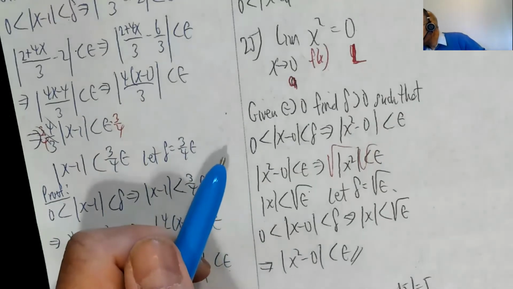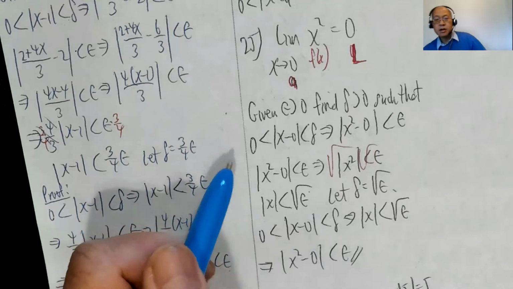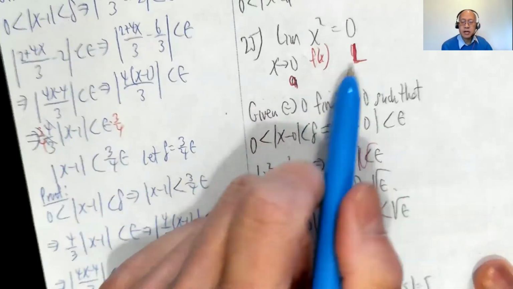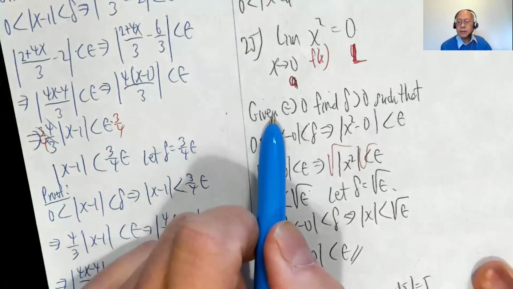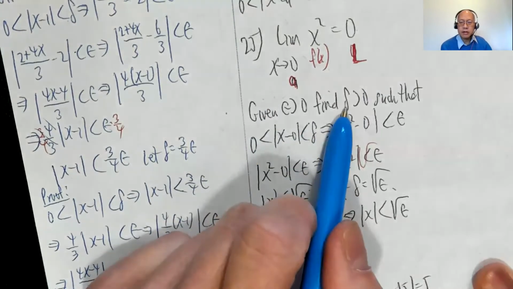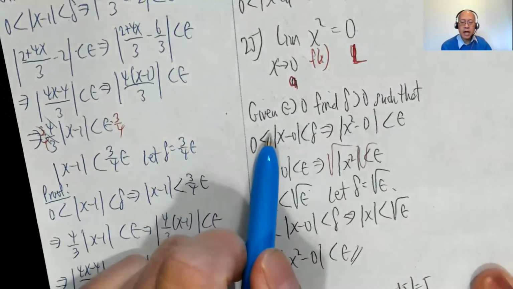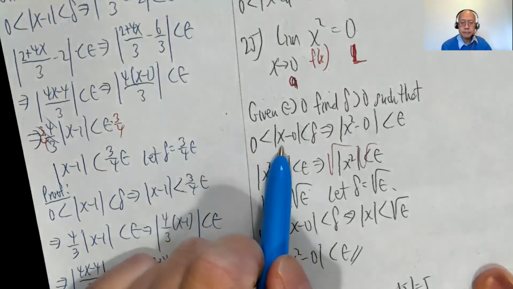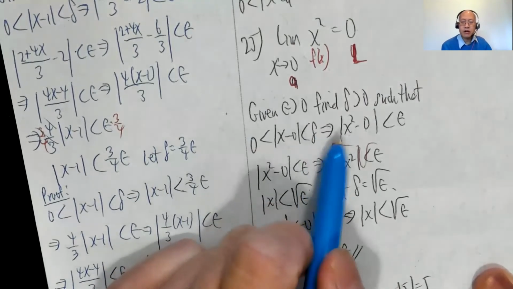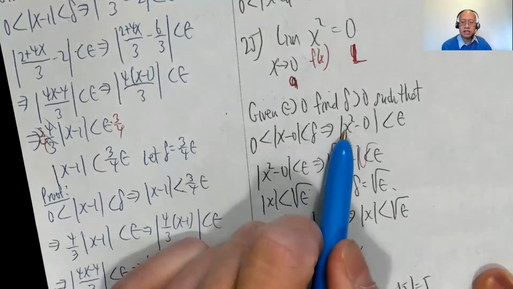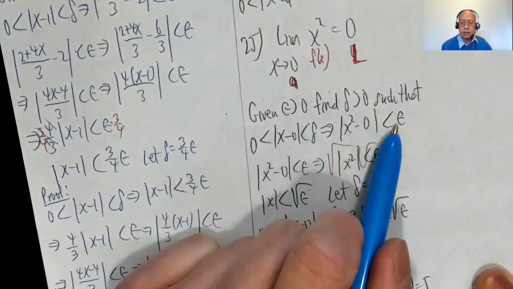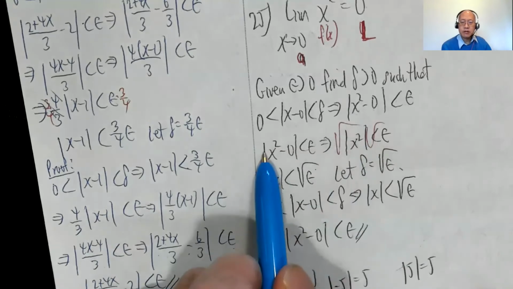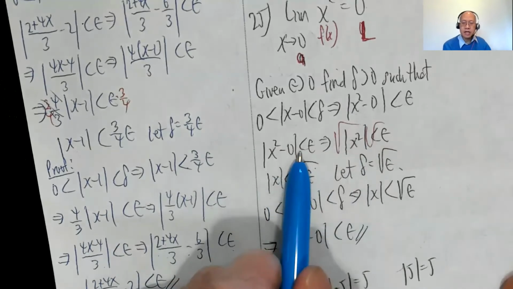Okay, and then 25 is what I wanted to show you. Limit as x approaches 0 of x squared equals 0. Here's my f of x, here's my L. So given epsilon greater than 0, find delta greater than 0 such that 0 less than the absolute value of x minus a, that's x minus 0, I like x minus 0, that's just x, implies the absolute value of f of x minus L, that's the absolute value of x squared minus 0, is less than epsilon. Okay, so scratch paper: the absolute value of x squared minus 0 less than epsilon.